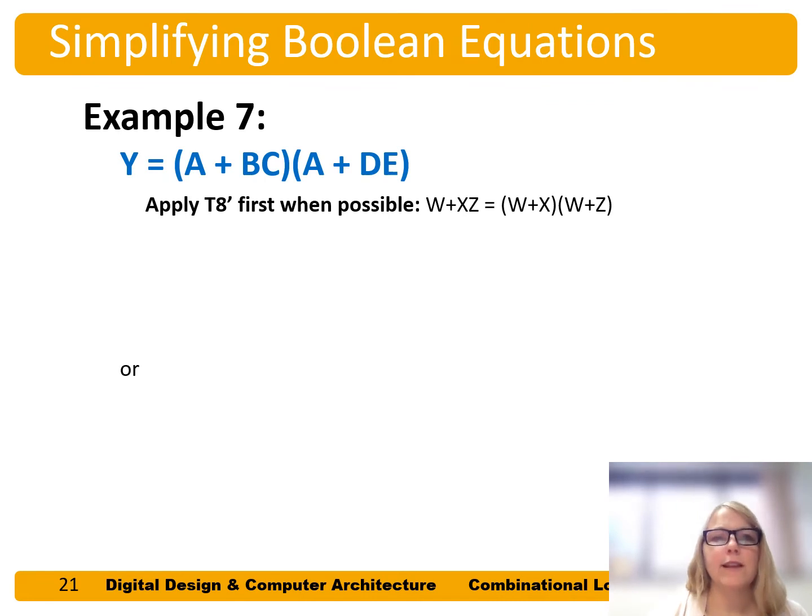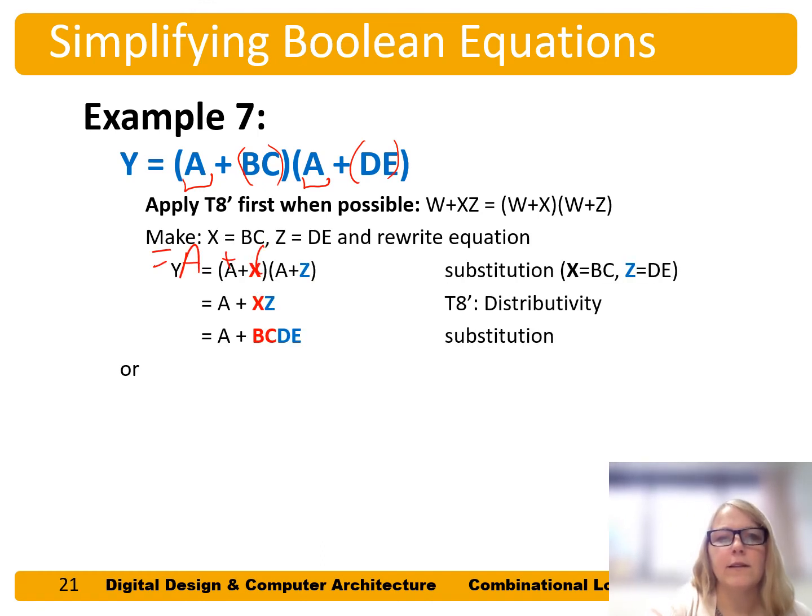So here we have another example of where we can use that dual form of distributivity. We notice A or some term, and A or another term. That can just be A or BC and DE. I didn't have to put the parentheses there, but now I can use associativity to get rid of those parentheses.